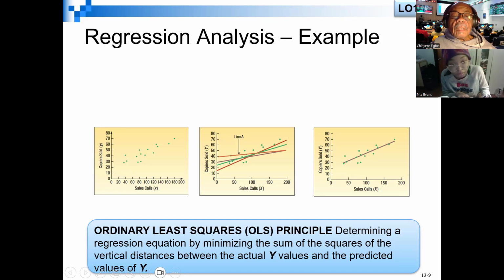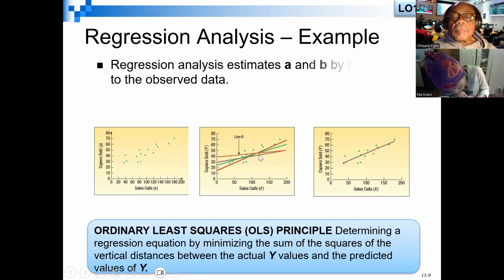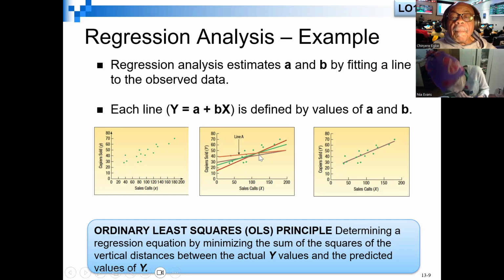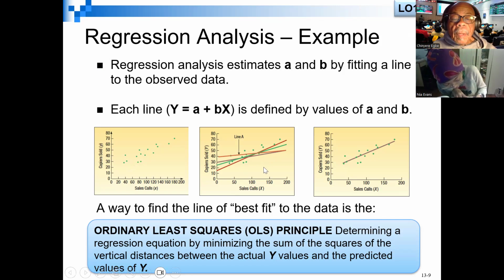We try to estimate a line that goes perfectly in the middle of those scatter plots, so that is an average. Now, the method that we use in regression analysis is called ordinary least squares, OLS.